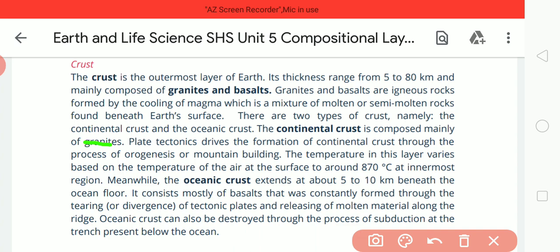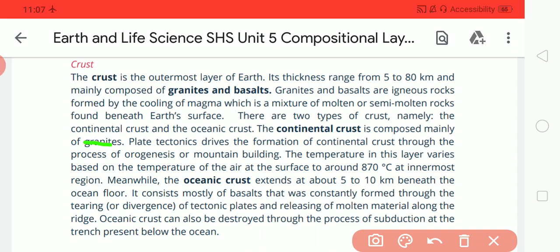Meanwhile, the oceanic crust extends about 5 to 10 km beneath the ocean floor. So oceanic crust, class, is the type of crust that we can find underneath the big bodies of oceans, just like the Pacific Ocean.